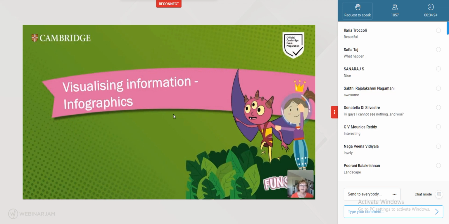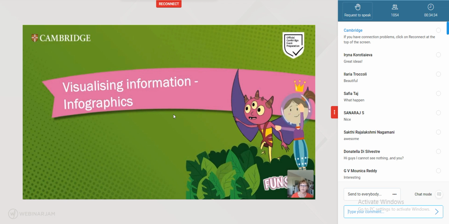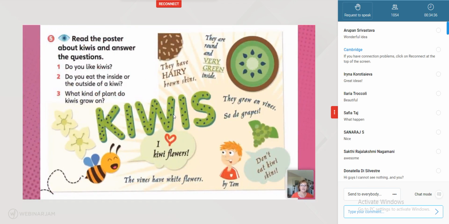So one of the types of text or writing that I mentioned before when I showed you my alphabet were infographics. So this is my infographic from Fun Skills. It says read the poster, because poster is on the Young Learners word lists.